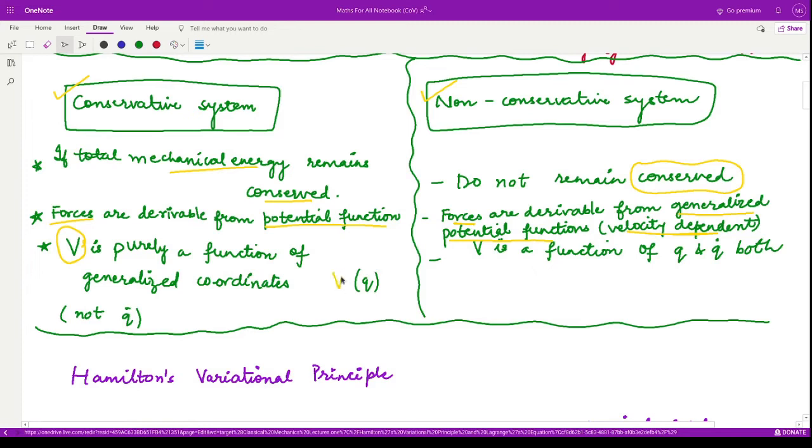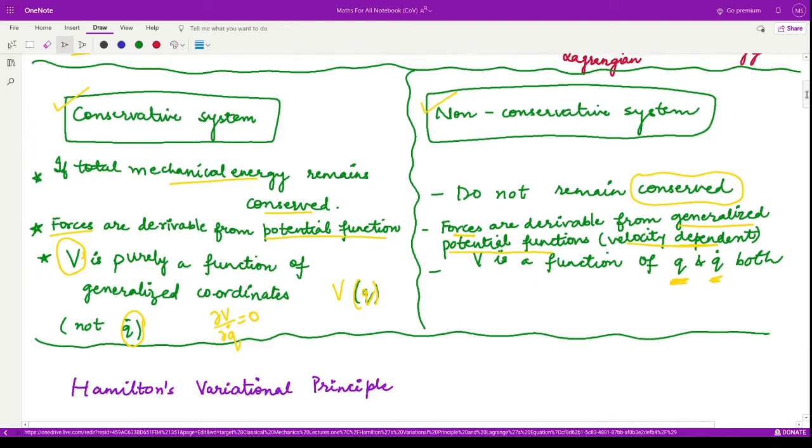That means V only depends upon q and not q dot. So if you take the derivative of V with respect to q dot, as it does not depend on q dot, it would come out to be 0. But in the other case, V is a function of both the generalized coordinates as well as the generalized velocities.